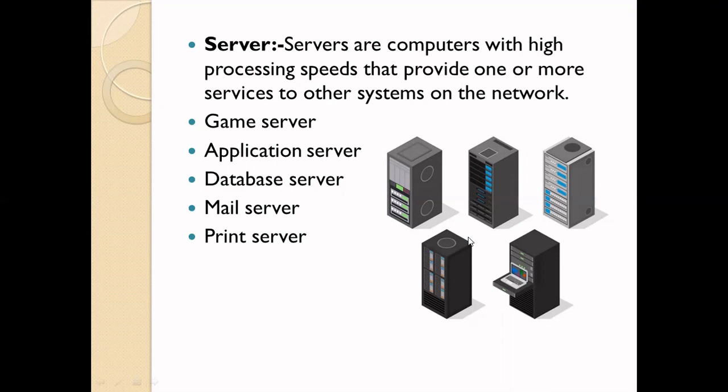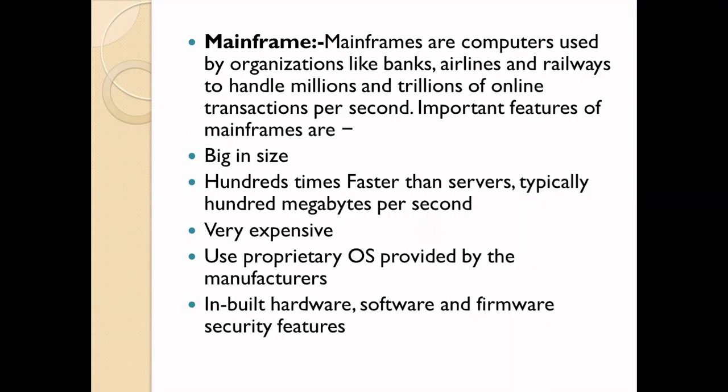The next classification is the mainframe computer. What is a mainframe computer? Mainframes are computers used by banks, airlines, and railways to handle millions and trillions of online transactions per second. A mainframe computer is used in the main branch of a bank, airline, or railway.